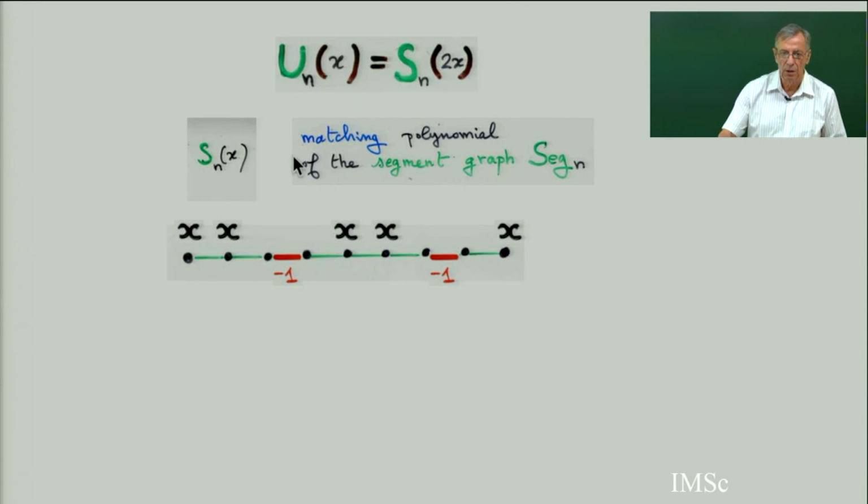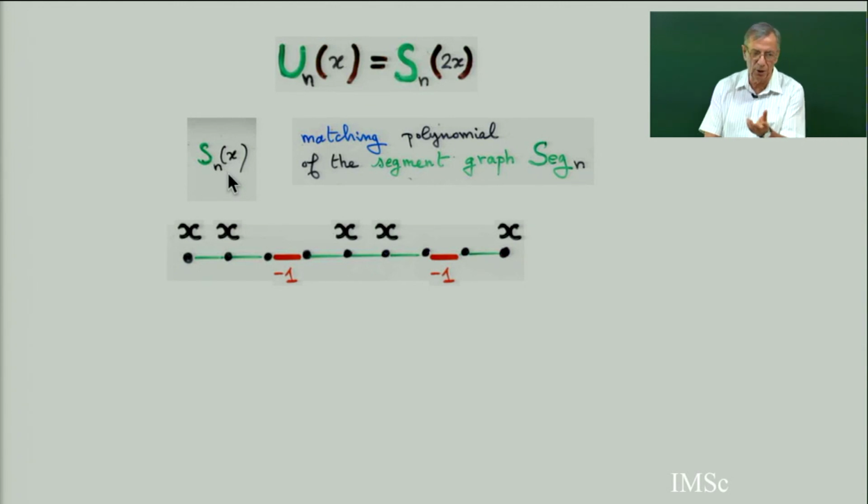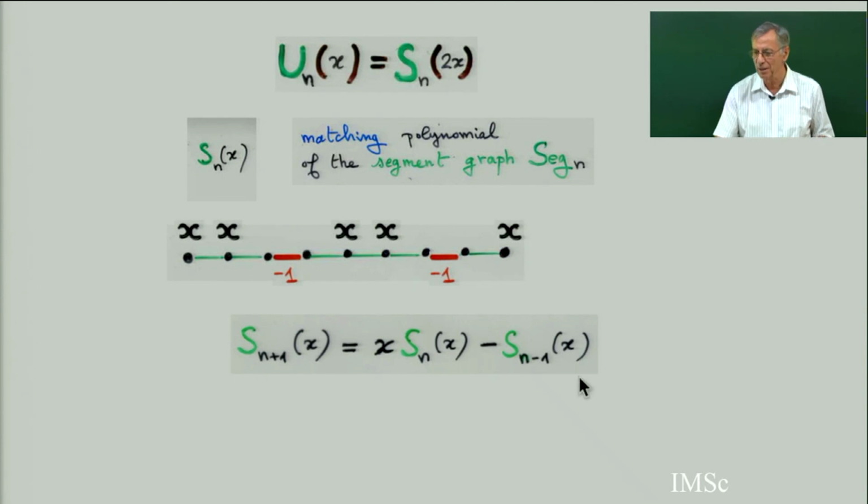Because if you look at the matching polynomial of the segment graph, analogous to the three-term recurrence of the Fibonacci numbers, they satisfy very easily this three-term recurrence. If you look at such matchings with the weight x for an isolated point, -1 for diamonds, then the sum of the weights of all this is equal to Sn plus 1 of x, so again in a similar way.